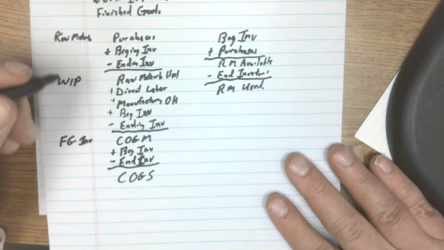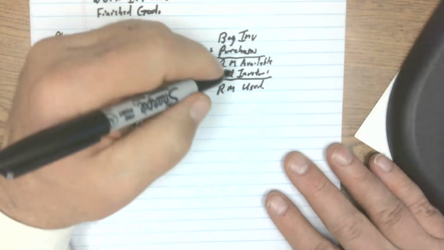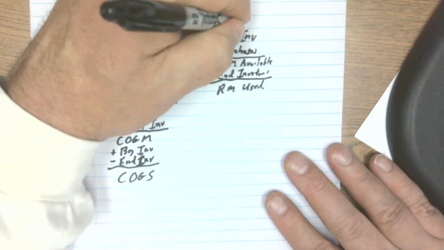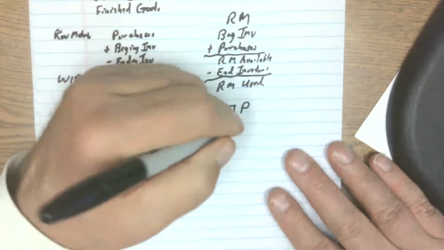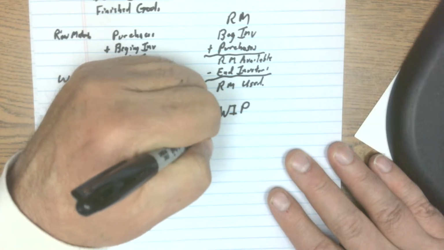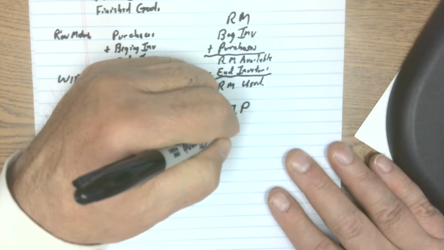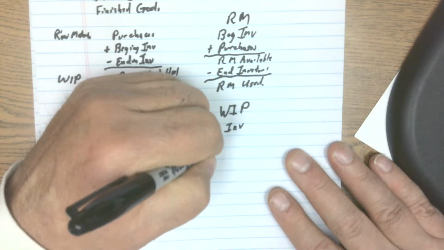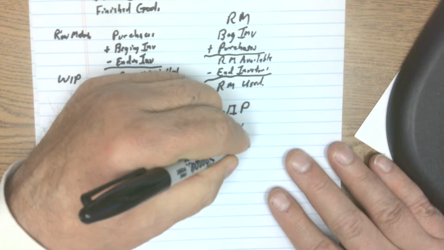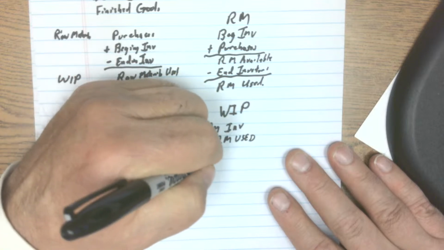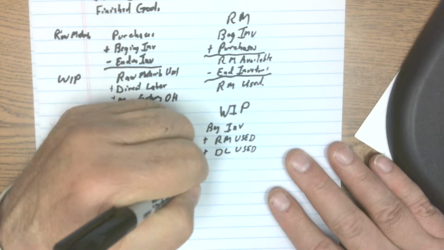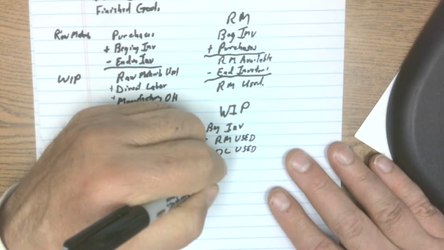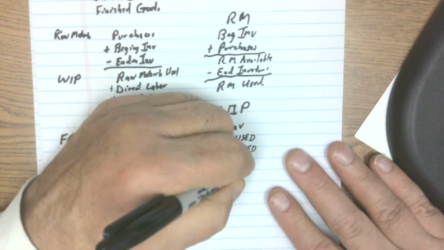Okay. So this is the raw materials. Then I do the work in process. I start with the beginning inventory, add the raw materials used, add the direct labor used, add the manufacturing overhead.